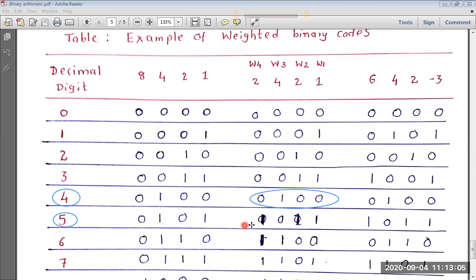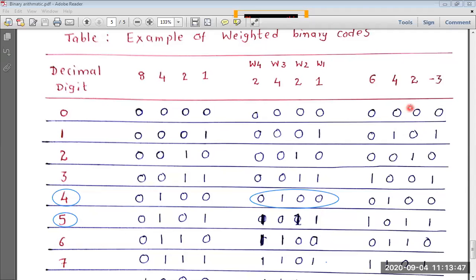Now what is 4 in 2421 code? 0100, because 1 times 4 is 4, and the remaining places are 0. Now the 9's complement of 4 is 5, and its equivalent in 2421 code is 1011. If you invert all the bits of 0100, we get 1011. If you invert 0 we get 1, if you invert 1 we get 0. So this is true for all the numbers in 2421. That's why it is called self-complementary.